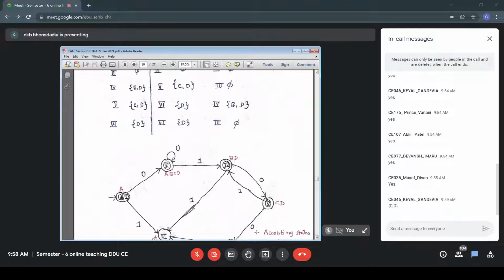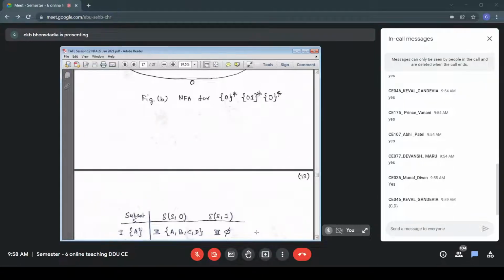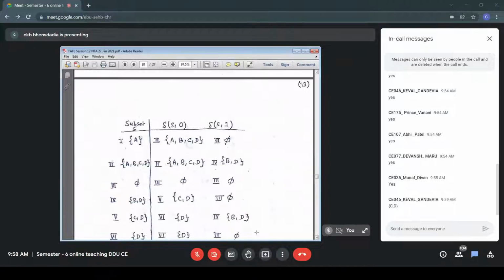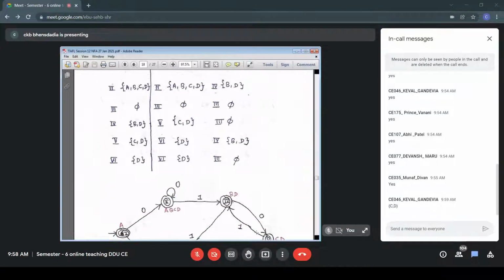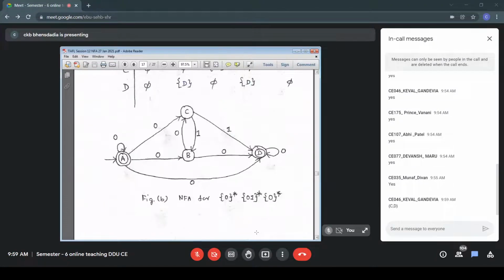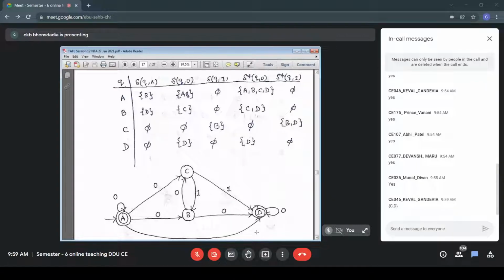My initial state is the subset corresponding to the initial state, that is A. So my initial state is label 1. Now accepting states in this input NFA are A and D. So any subset in which A or D is present becomes an accepting state in the equivalent DFA.